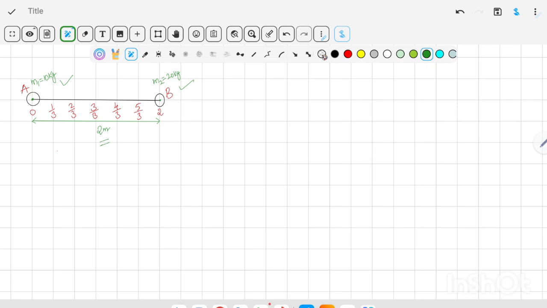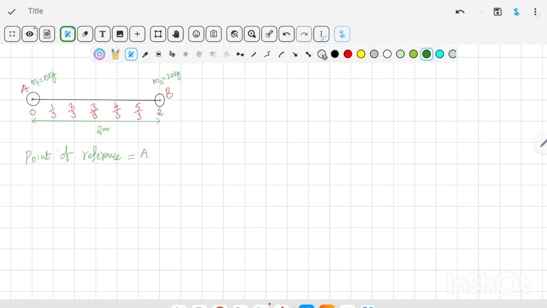Now, I just want to select one point of reference. So if the point of reference is A, let us suppose, then how can we find the position of center of mass?